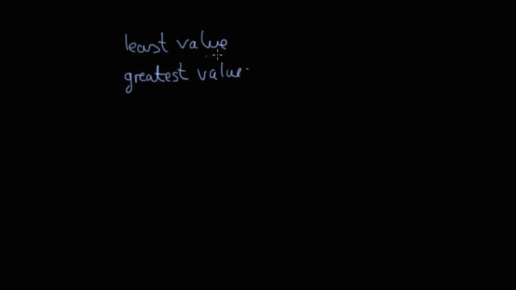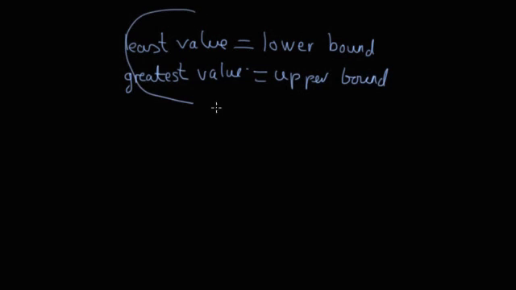And when you see a question where it says least value or greatest value, this is the kind of situation where you'll be looking for the lower bound and the upper bound. This is when it's in questions where you see least and greatest value, where you're going to be using this knowledge. So let's think of a kind of question that you may be asked.